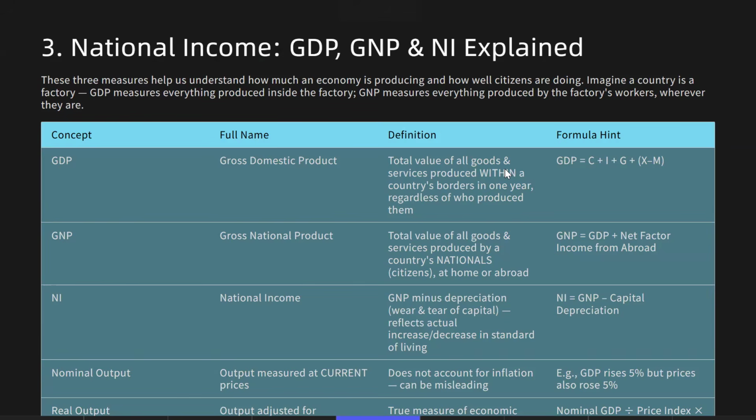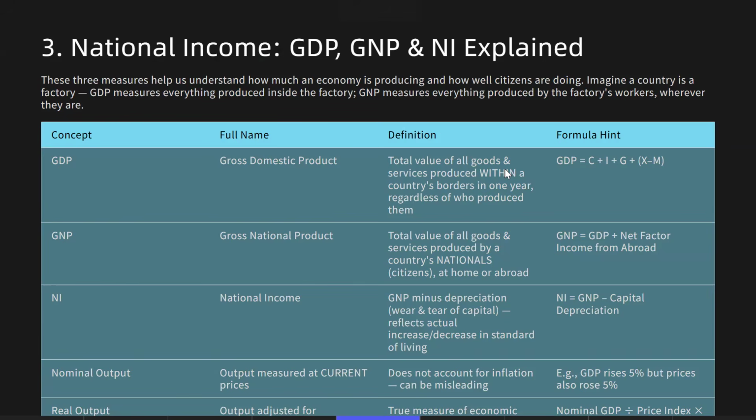The Digicel in Trinidad will make up part of Trinidad's gross domestic product because it is located within Trinidad's borders. However, it will make up part of Jamaica's gross national product because it is a Jamaican company.